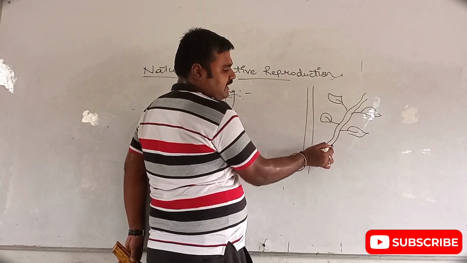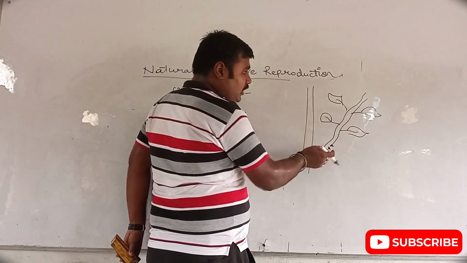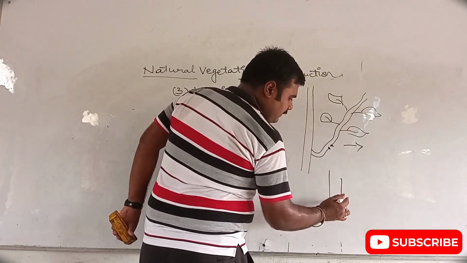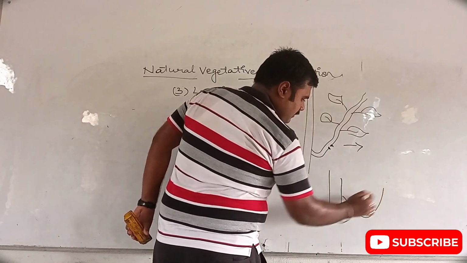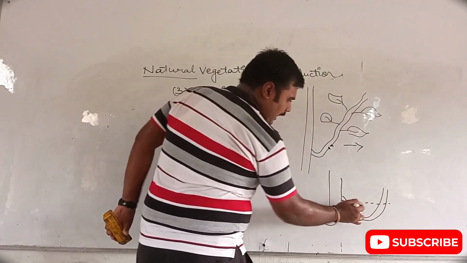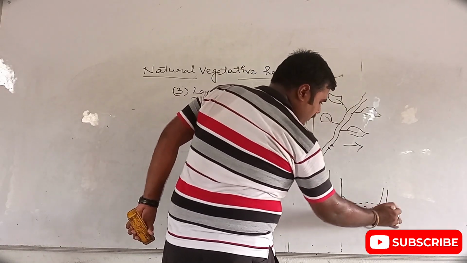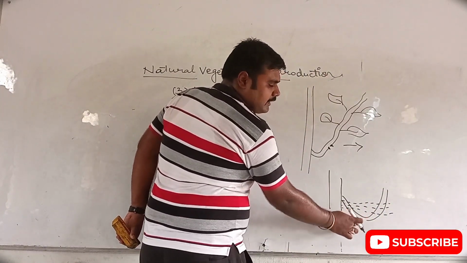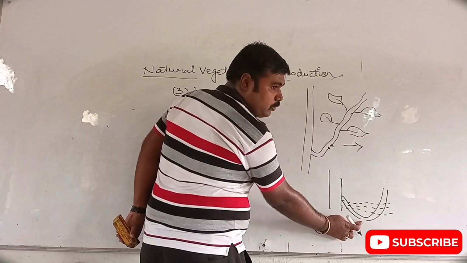Later on, this complete branch is allowed to be moved down into the soil, with the imprinted part present below.